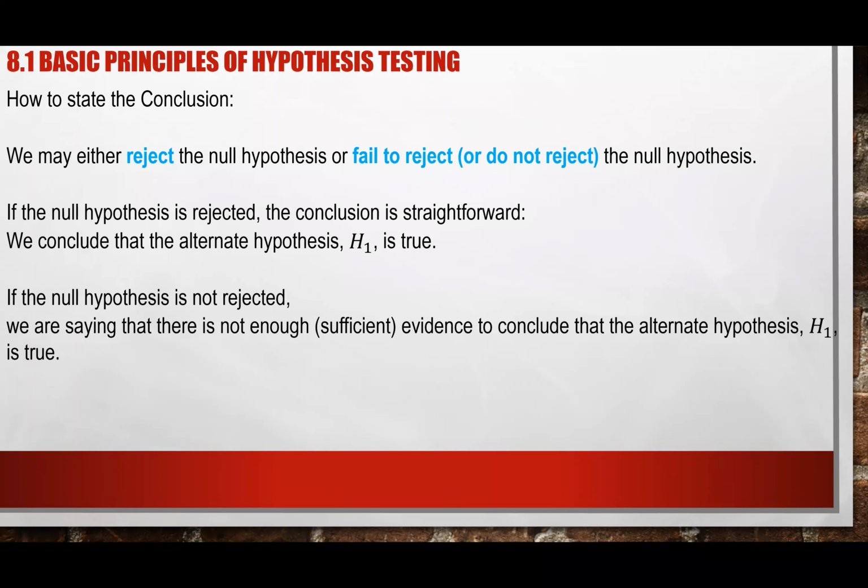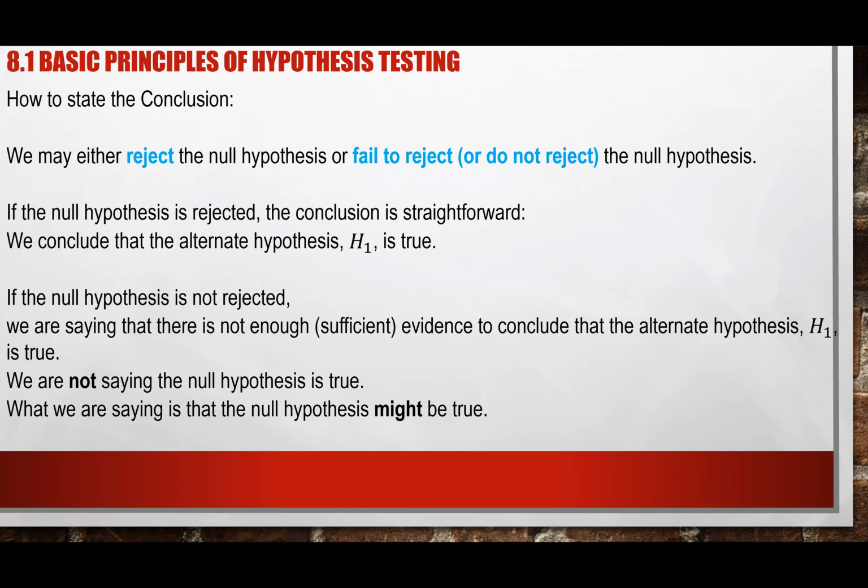You might be innocent, but we cannot prove you're innocent. We can only prove that you're guilty or not guilty, okay? So that's why we will never accept the null hypothesis, because we assume that it's true, so we will never accept that.